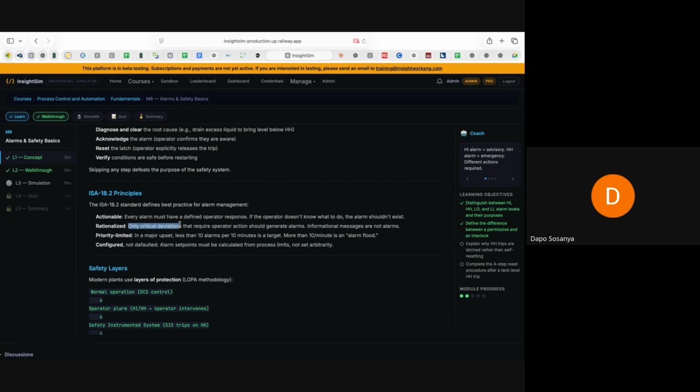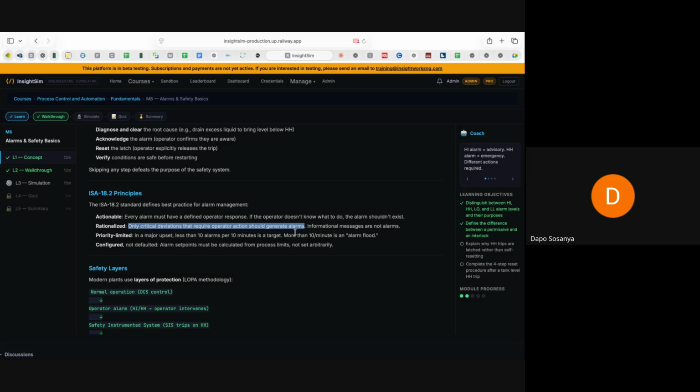Only critical deviations that require operator action should generate alarms. Informational messages are not alarms. Because in the plant, sometimes alarms could be a lot. And in fact, there is actually research.